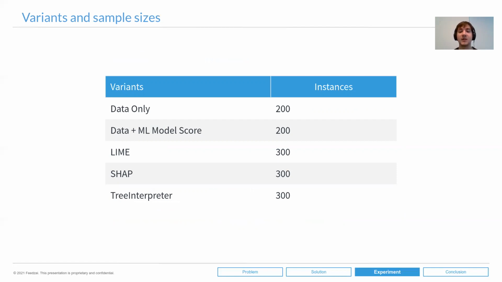For data only, we used 200 instances, and for data plus the model score, we used another 200. Based on the information that we gathered from those instances, we calculated that for our power, significance level and effect size, we would need 300 instances for the explainers, and for each explainer we gathered 300 instances.